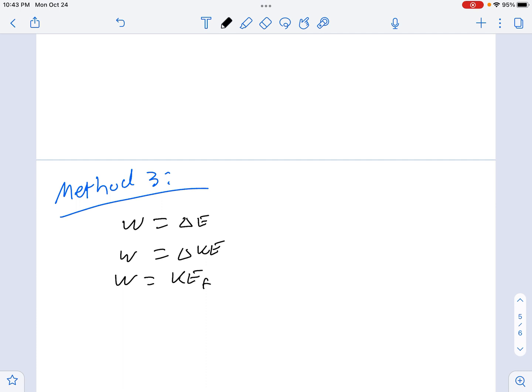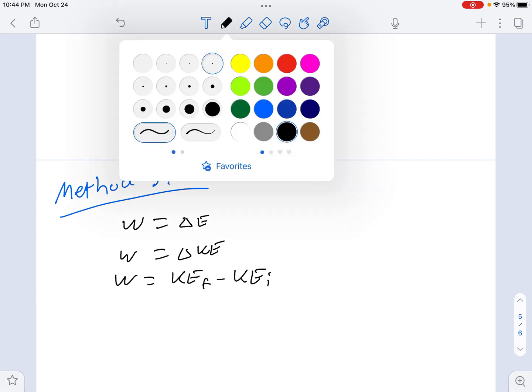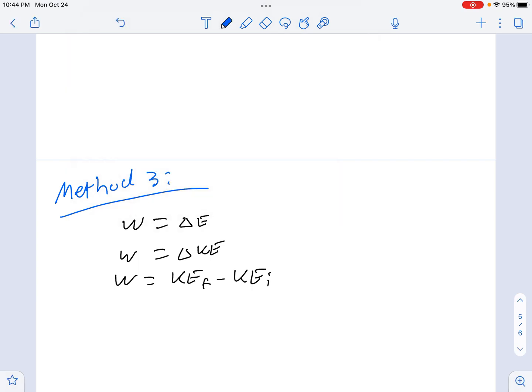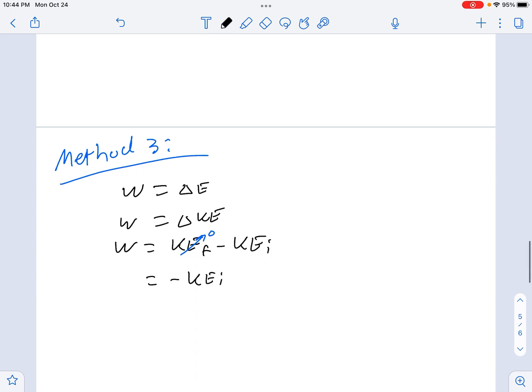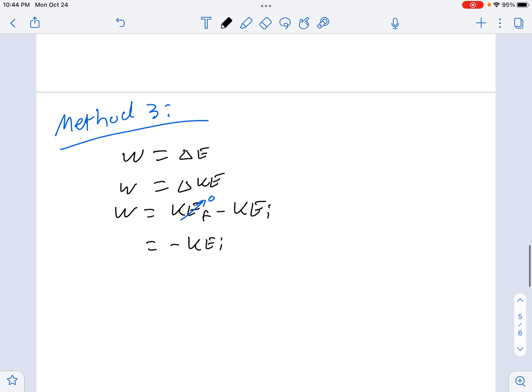So delta is final minus initial. If the bullet is going to come to rest as it is displaced through the block of wood, that final kinetic energy goes to 0. And so on the right-hand side, I'm left with minus KE initial. And work, just the simple basic definition of work, is force times displacement.